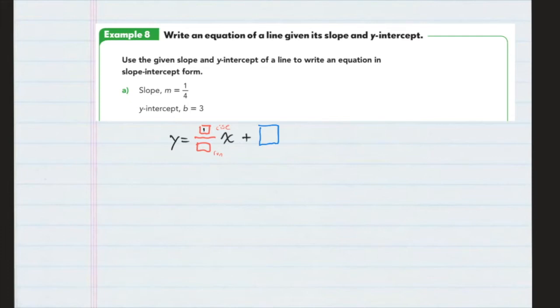That means 1 and 4. And then my y-intercept is 3. So I put a 3 here. And then if I write that without the boxes, I just get y equals 1/4 x plus 3. And that would be my answer for that one.